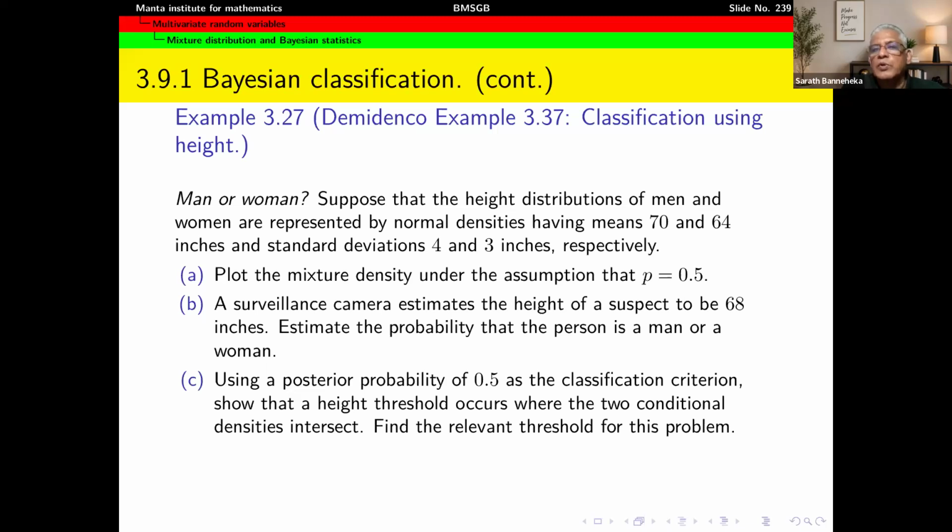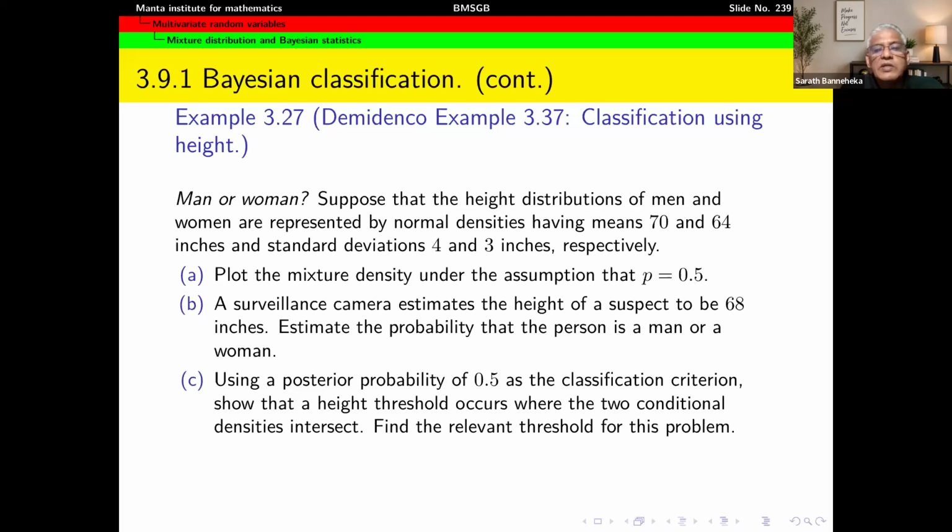For example, in the Sri Lankan population, we know the women's population is a little larger as a proportion than the men's population. So in that case, if you are considering P to be the probability that a person is a man, it may be like 0.48. The other one may be 0.52, for example. But in this example, I'm taking them to be equal values.